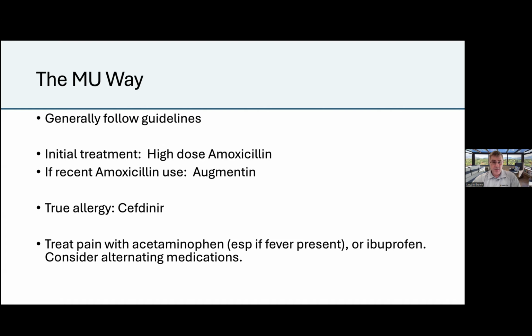And treating with acetaminophen or ibuprofen, acetaminophen especially if there's fever present, or the alternation of the two are our primary analgesia that we use. So for the most part, we tend to follow those guidelines, but given our setting, that is more in line with what we can do.